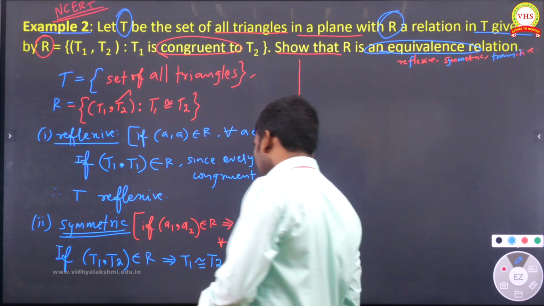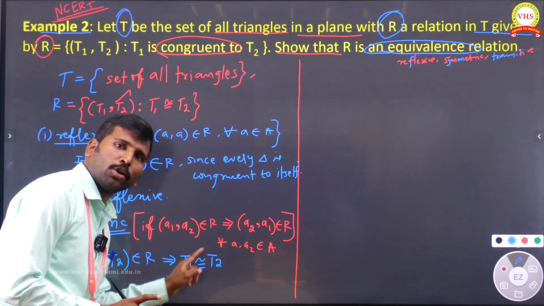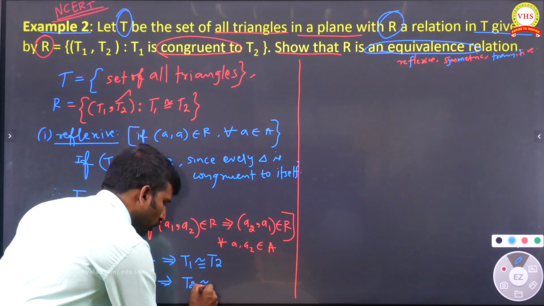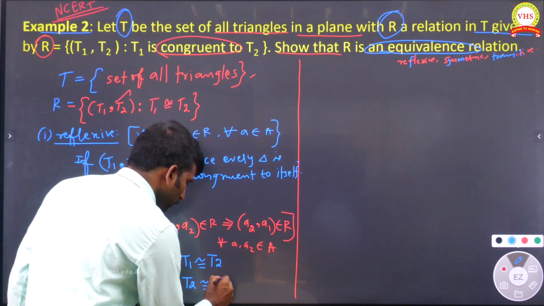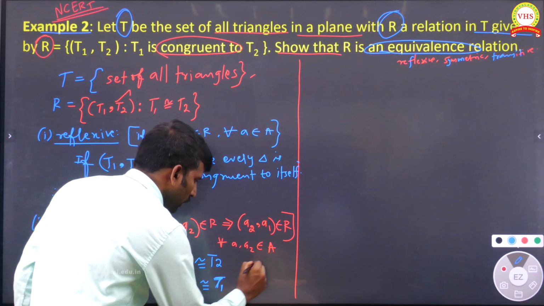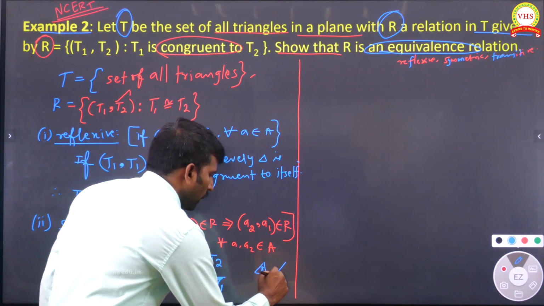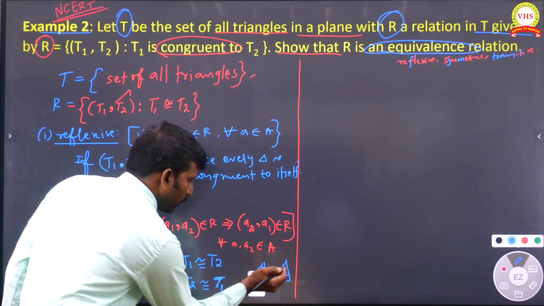So what we can say, children, is that if triangle 1 is concurrent to triangle 2, then surely triangle 2 is also concurrent to triangle 1. Am I right? What does it mean? If I have a triangle 1 and a triangle 2, they should be the same size.